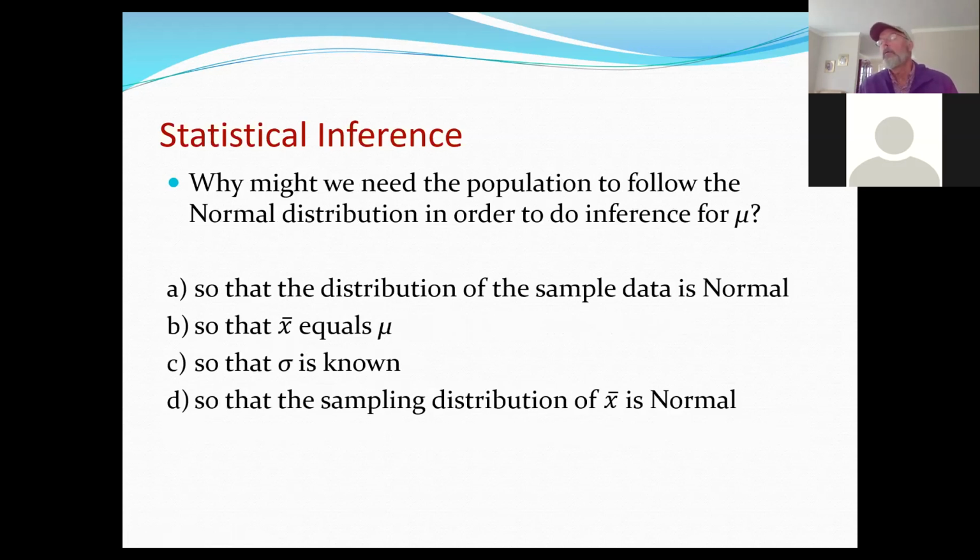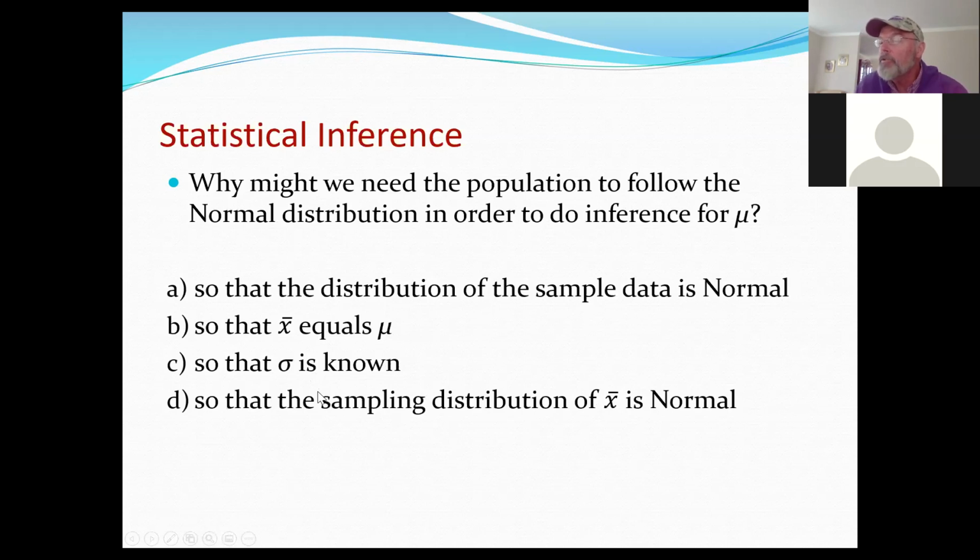Okay. Why might we need a population to follow a normal distribution in order to infer something about mu? We haven't really said too much about this, but there is what is called a sampling distribution.